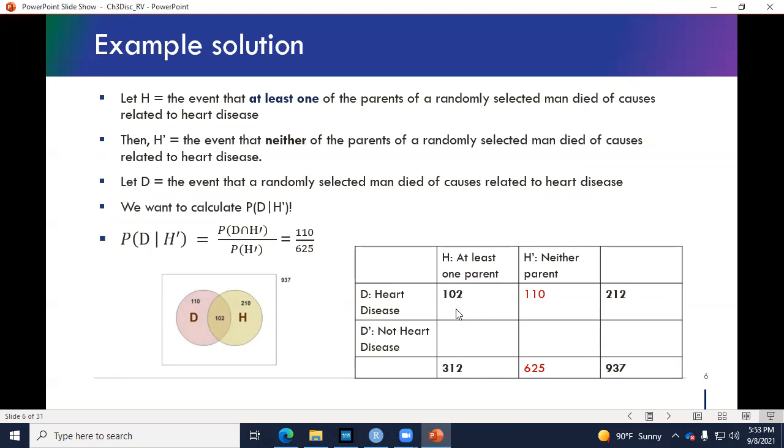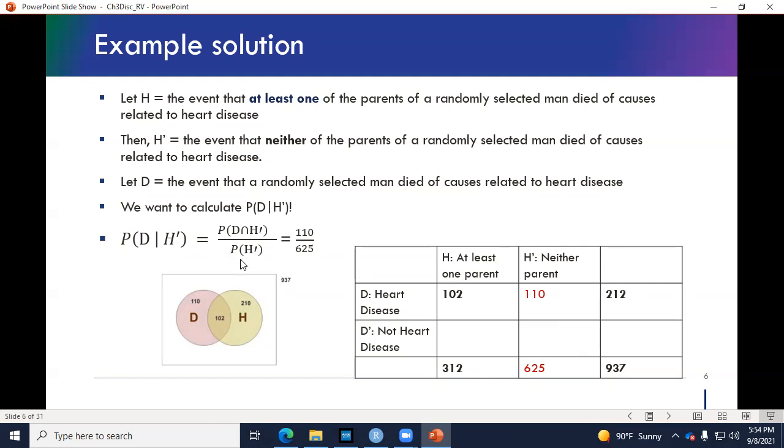Once we have these four numbers, now we can look for the probability of D intersected with H prime. This is the sum of these two cells, so you get 110. We know this conditional probability is this over the probability of H prime.